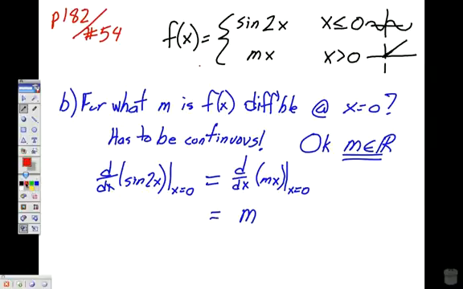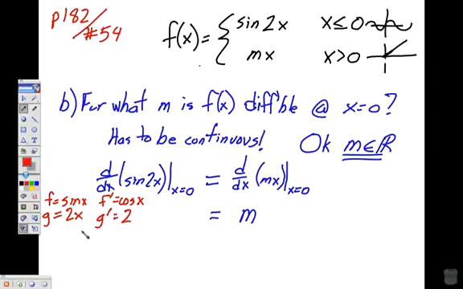In order to get the derivative of the sine of 2x, we're going to have to use the chain rule. f is sine, g is 2x, f prime is cosine, g prime is 2.